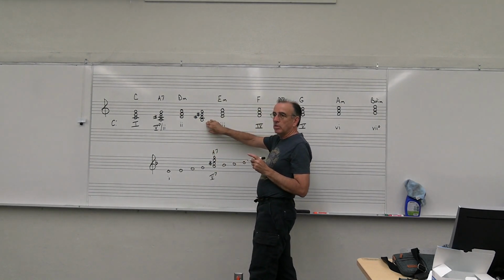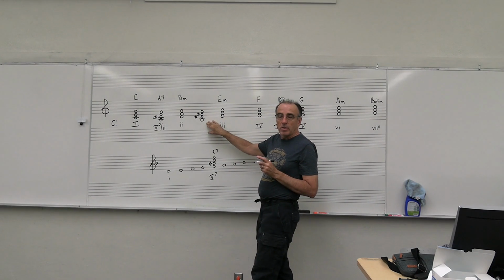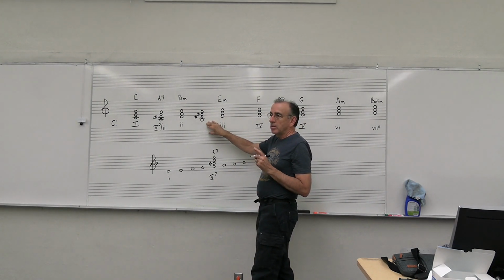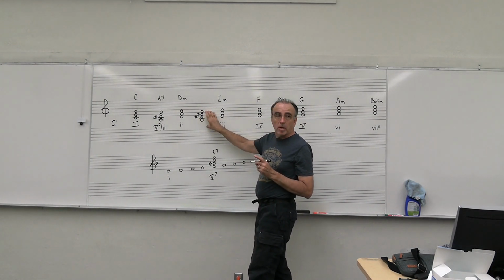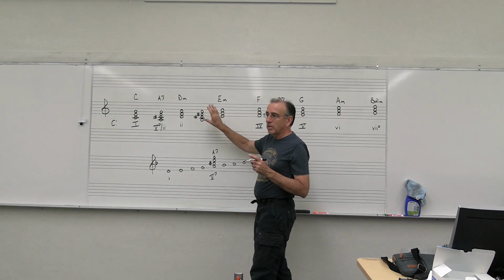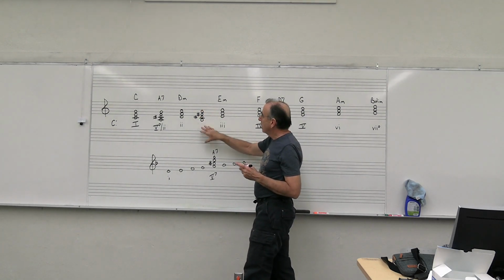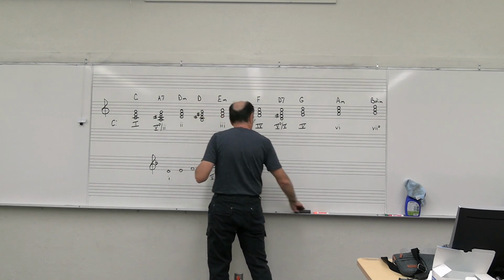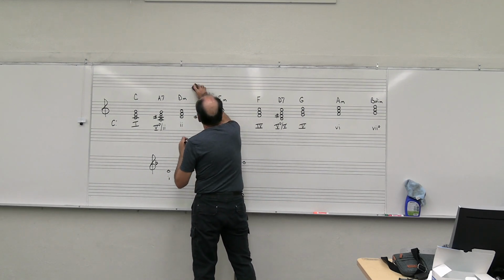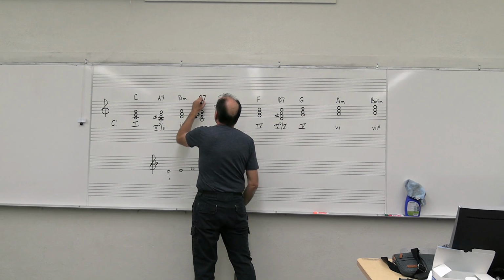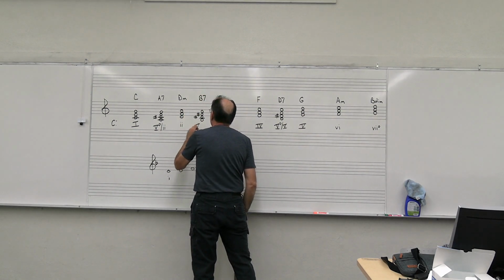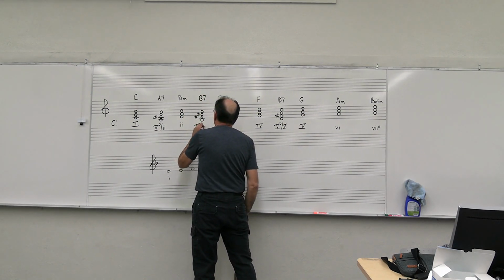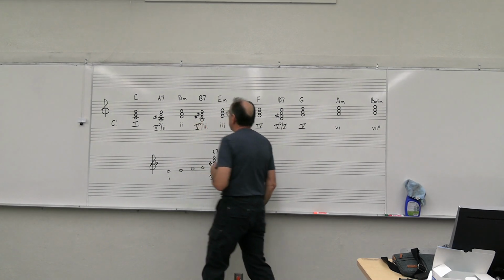That's what's usually used for these secondary dominants. It's a dominant, so not a minor seventh or a diminished seventh, at least in this case. We're talking about a B7, and that would be 5/7 of 3.